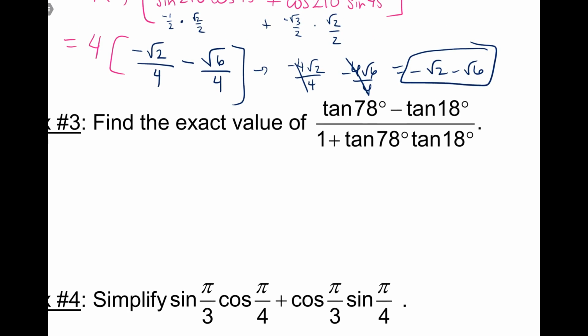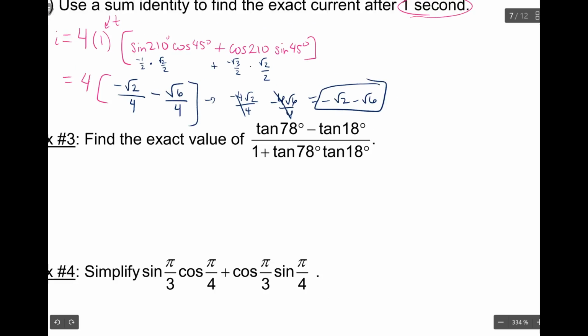Now we want to find the exact value of tangent 78 degrees minus tangent 18 degrees over 1 plus tangent 78 degrees tangent 18 degrees. Oh my gosh.